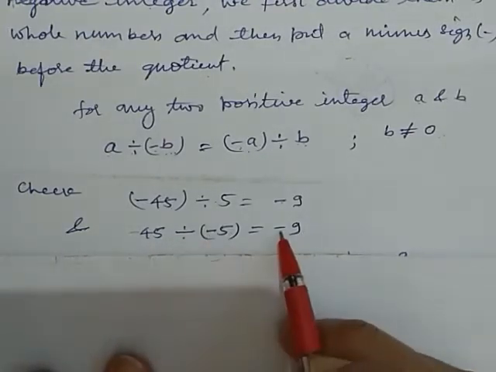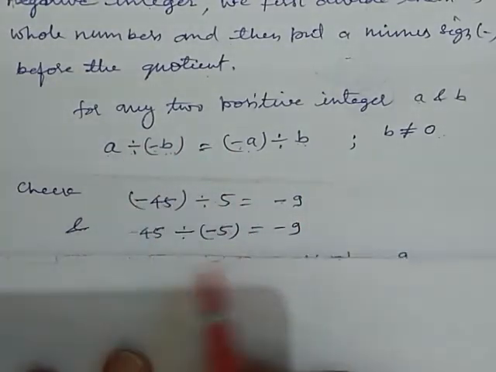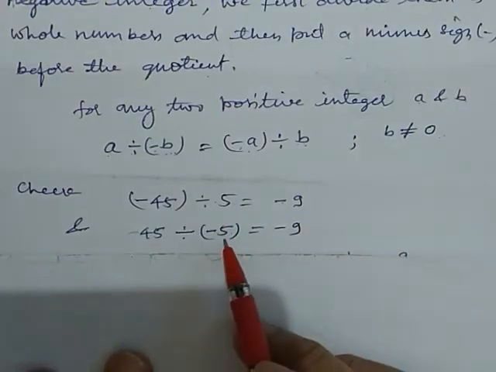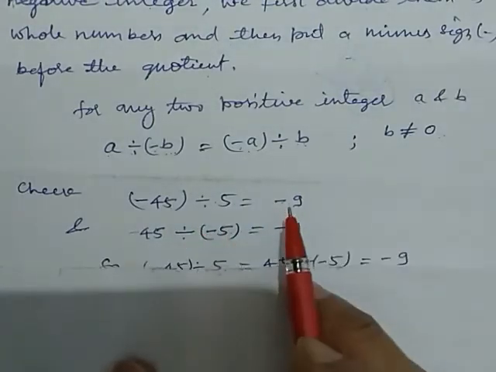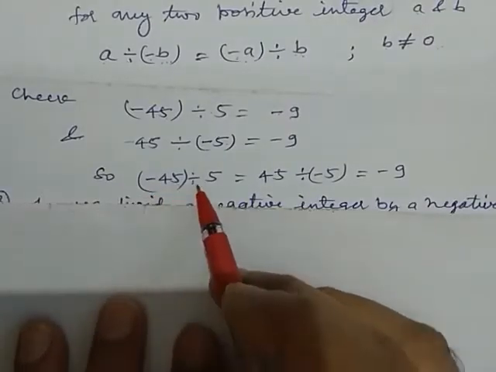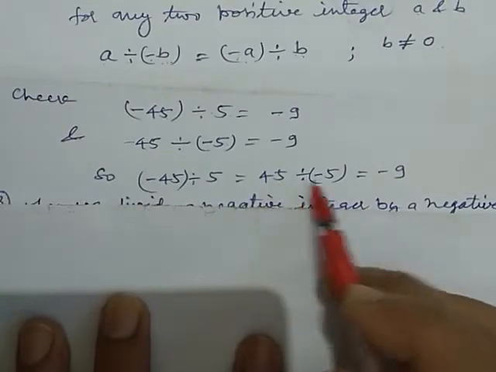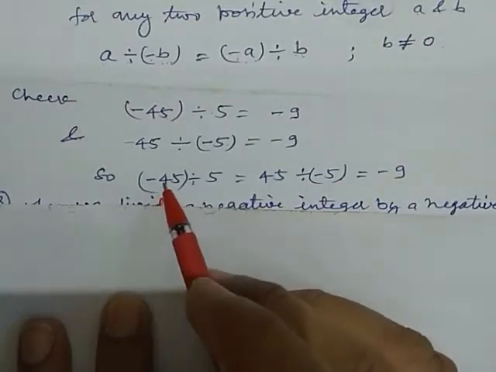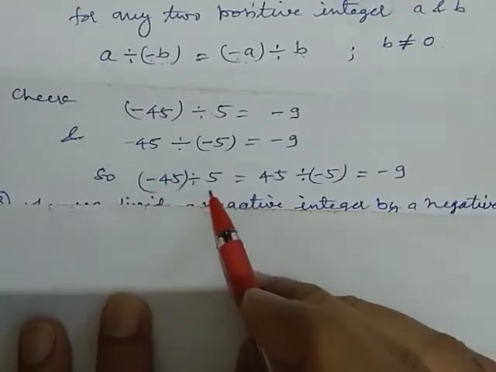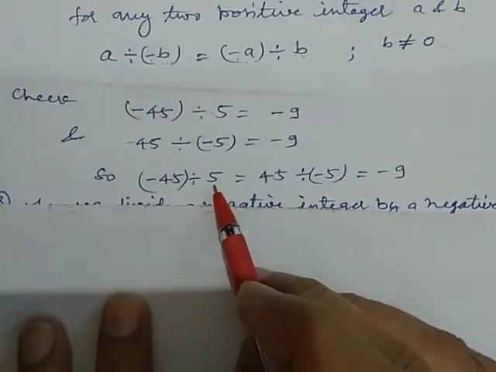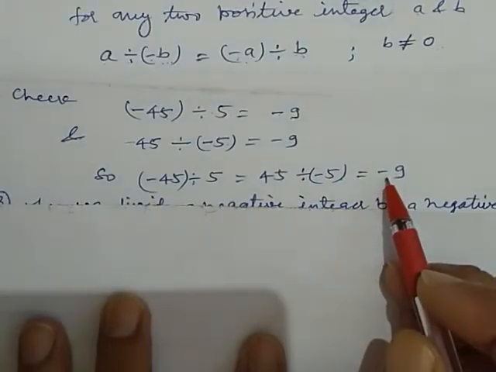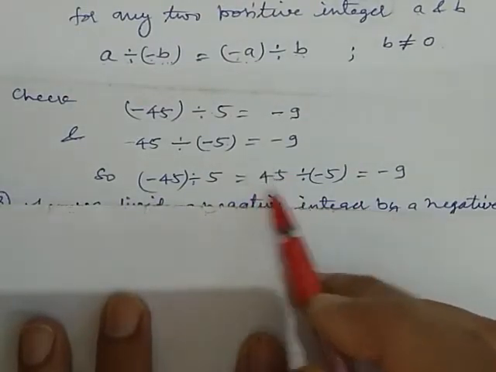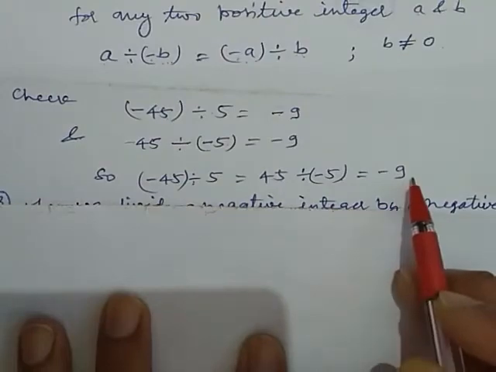Then we put the negative sign, because positive into negative is negative. So this way we find it easier to calculate our problem. So minus 45 divided by 5 equals 45 divided by minus 5 equals minus 9. So if we divide any negative integer by a positive integer, we get a negative integer. If we divide a positive integer by a negative integer, we also get a negative integer.